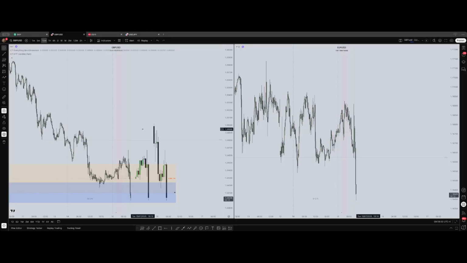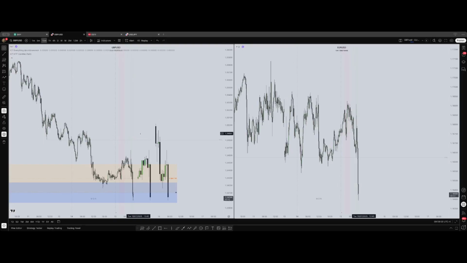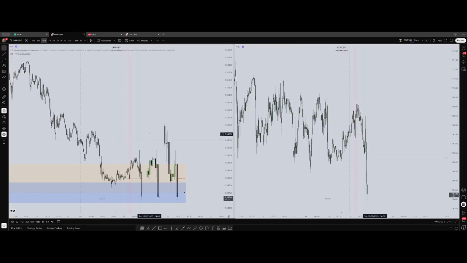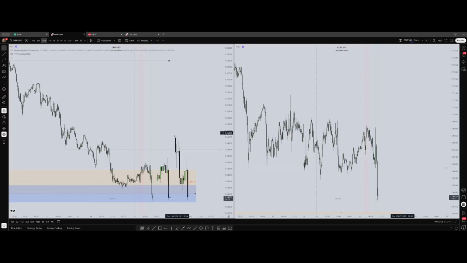I don't use this. I was mainly just trying, but I tried it for like one or two days, but I stopped because it makes the visualization of the chart a bit more difficult. But yeah, this is an interesting indicator.